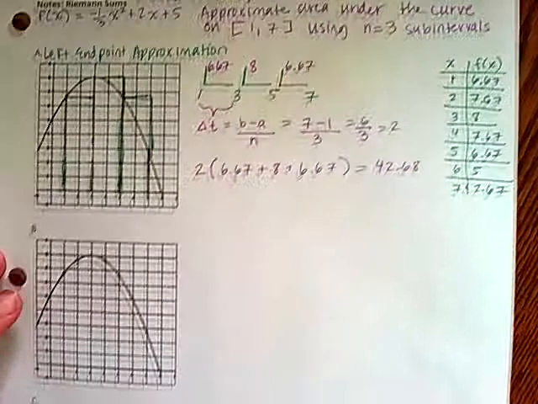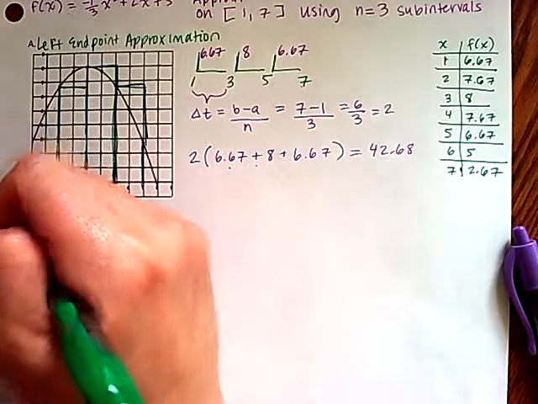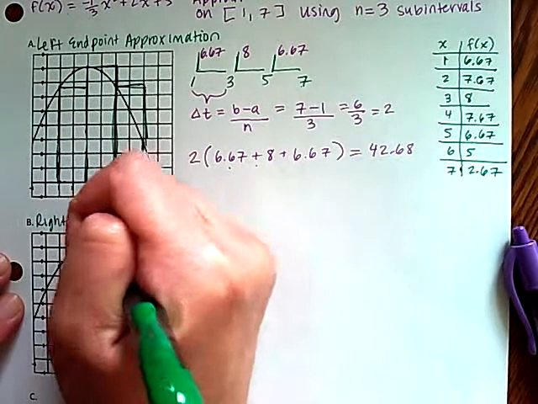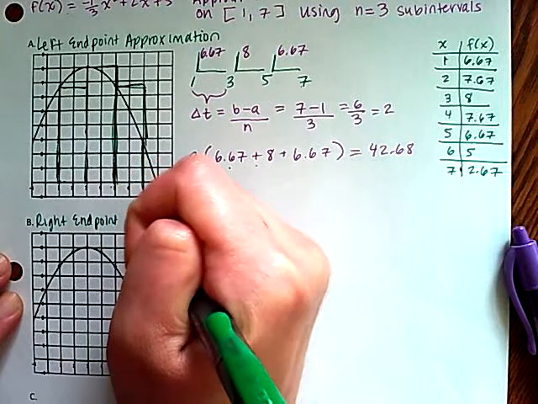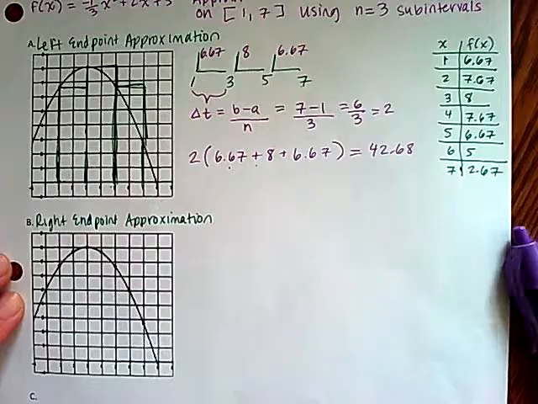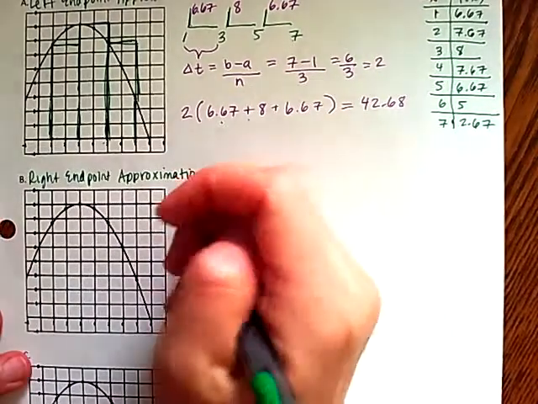The next one I'm going to do is what's called a right endpoint approximation. For this one, again, I'm still using the same number of subintervals.